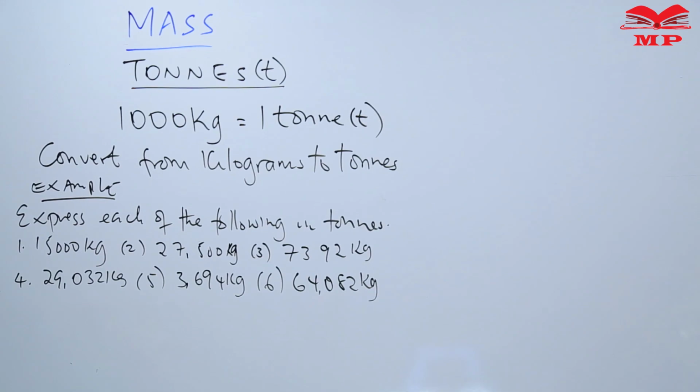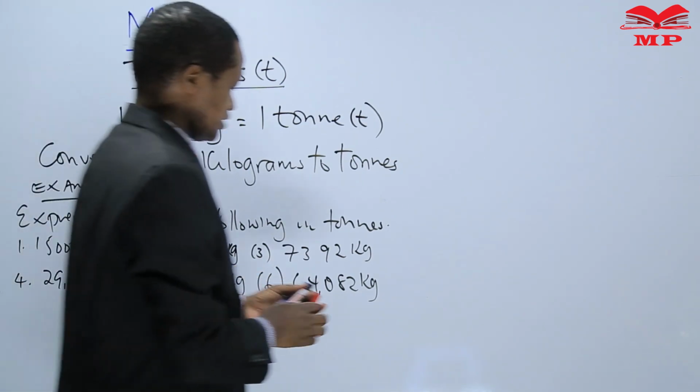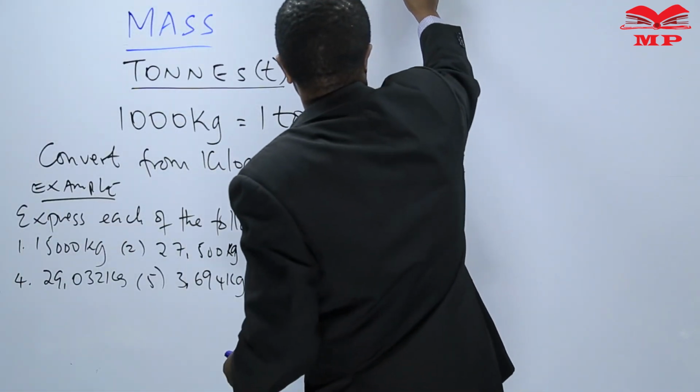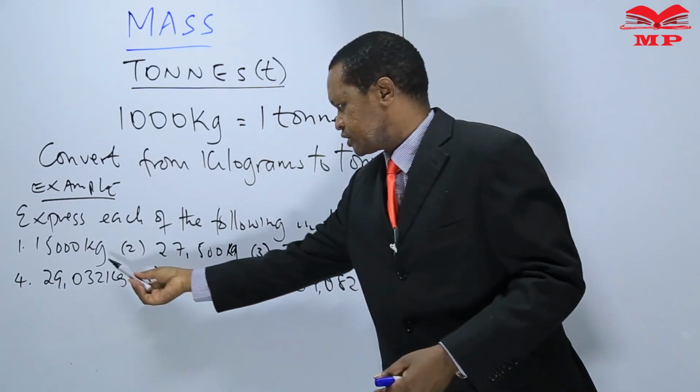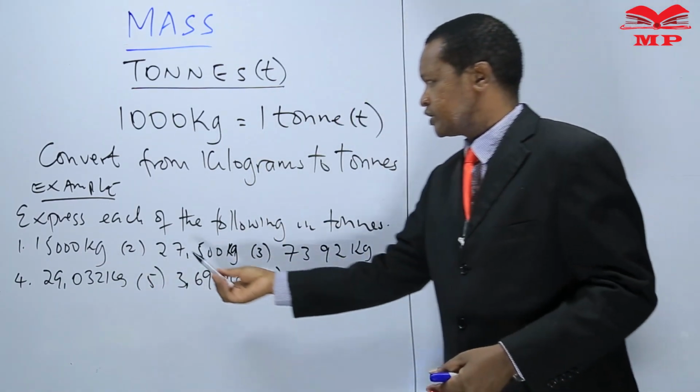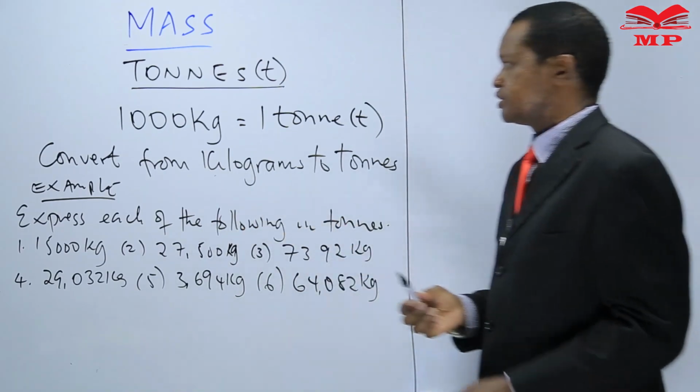So we want to convert these kilograms into tons. All these are kilograms. How do you convert these kilograms to tons?